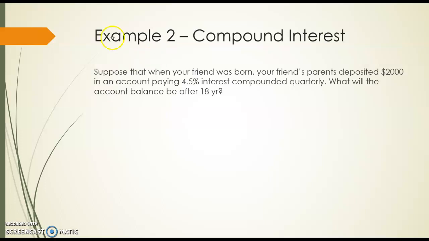So what you need to know is when it comes to compound interest, we use the equation A equals P times (1 plus R divided by N), close your parentheses, to the N times T.